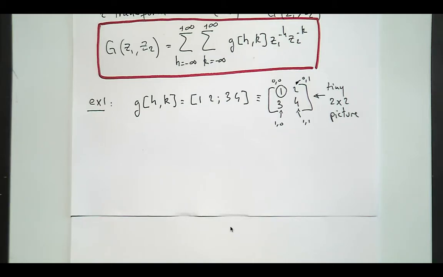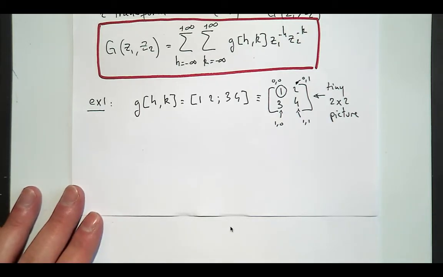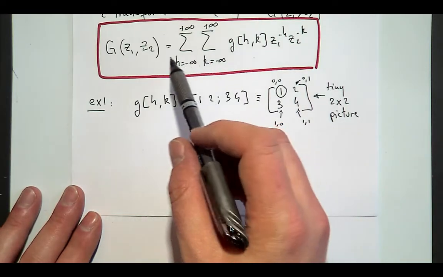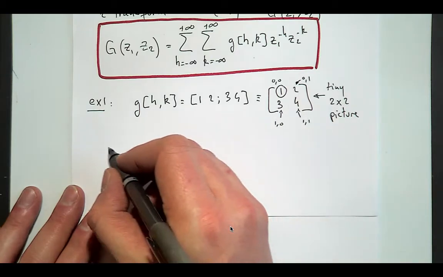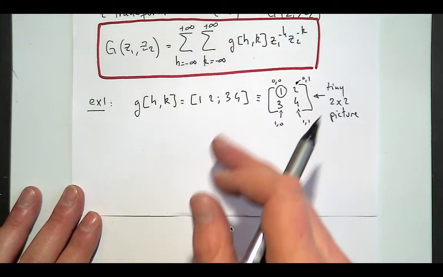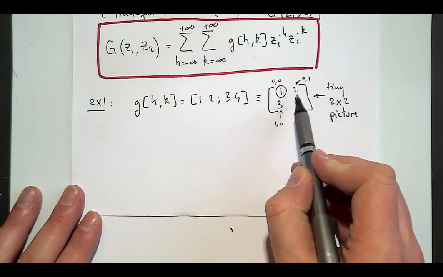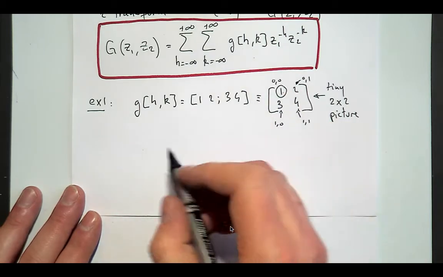All right, so let's see how that applies. All we're going to do is sum these polynomials, and the coefficients will be given by the pixel values I have in that matrix.